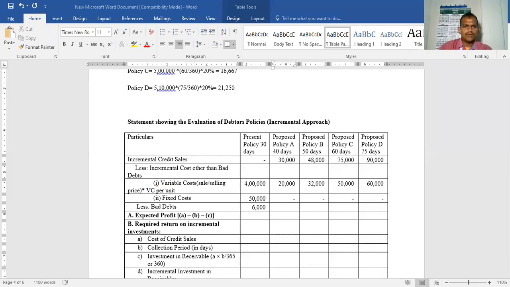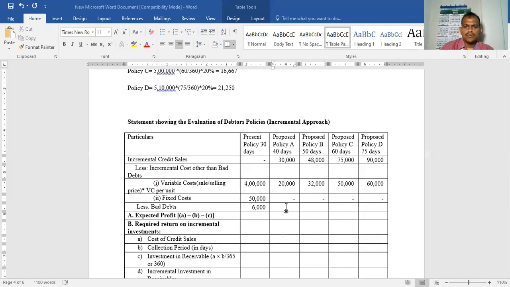So here total credit sales are 6,30,000 for the proposed policy A. In this 6,30,000, how much is the bad debt percentage? 1.5% comes around 9,450.